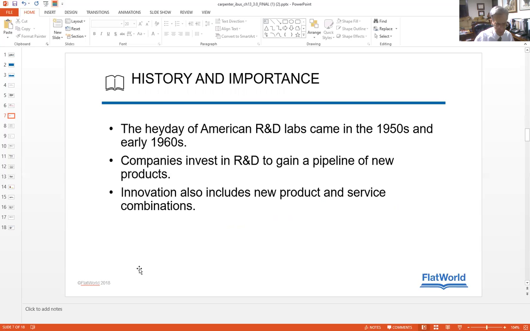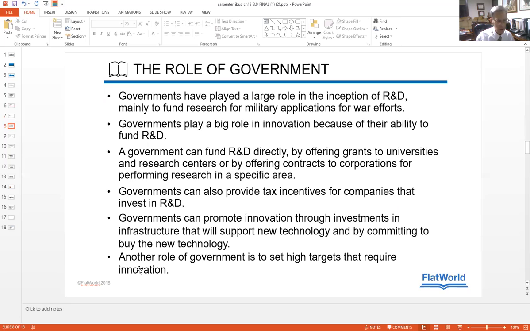Okay. So an interesting question is just what role should government play in fostering and supporting basic research?